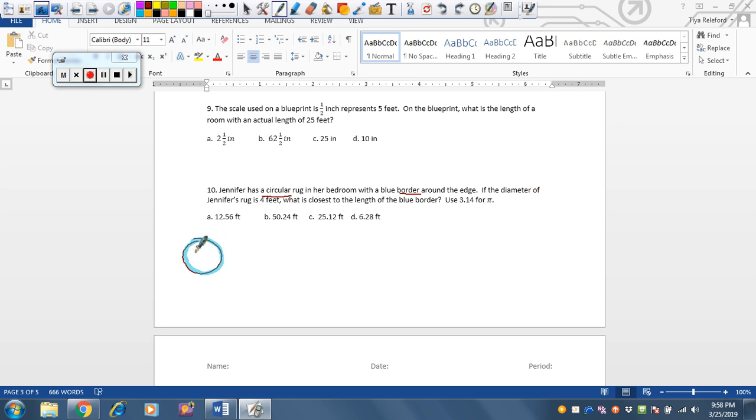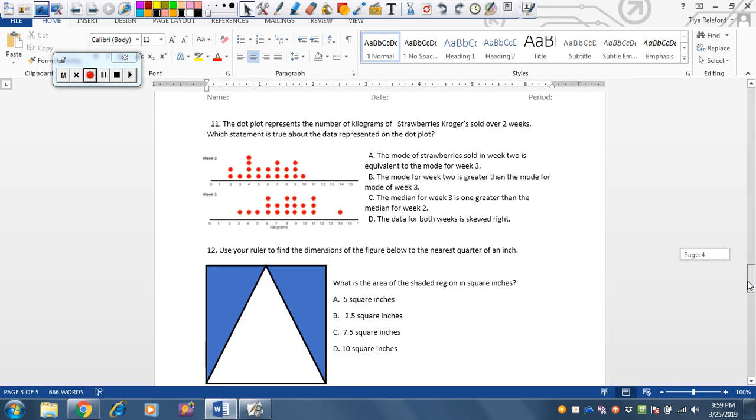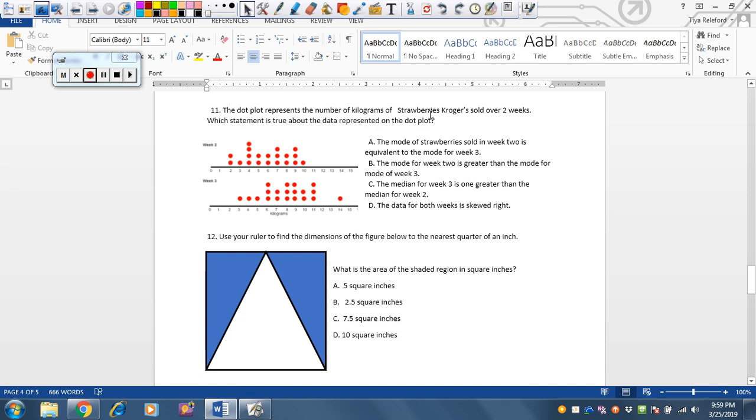If the diameter of Jennifer's rug is 4 feet, what is closest to the length of the blue border? That is circumference. Use your formula. I would suggest using 3 for pi. It'll get you close enough. You can figure out the answer. You don't have to. If you're a perfectionist, use 3.14. Just my suggestion.